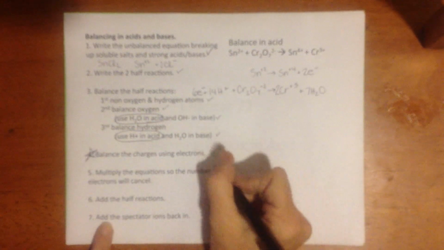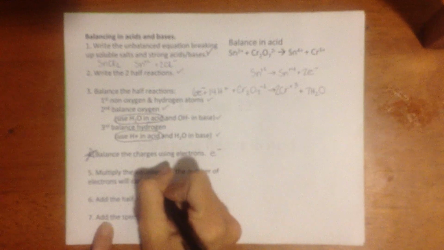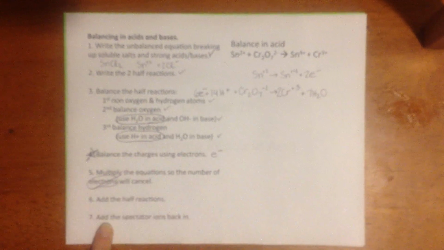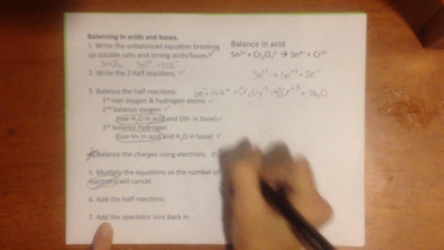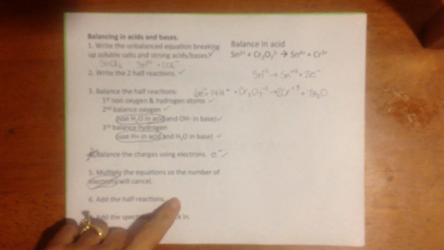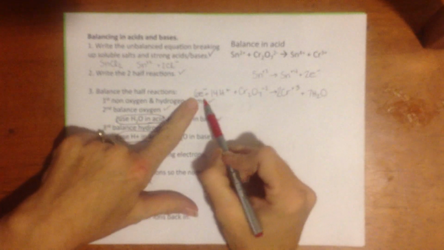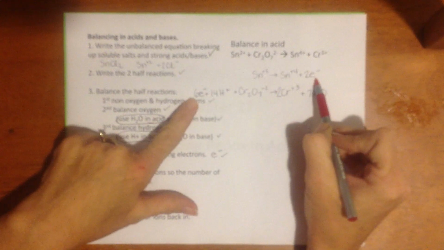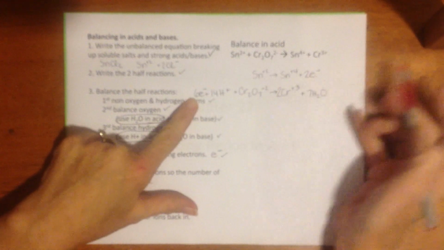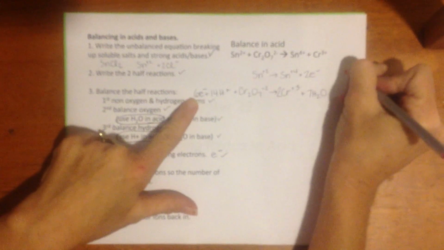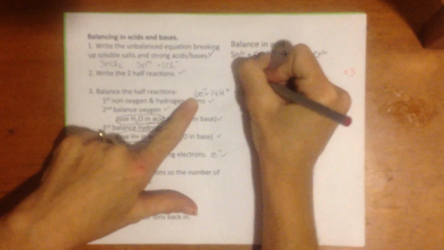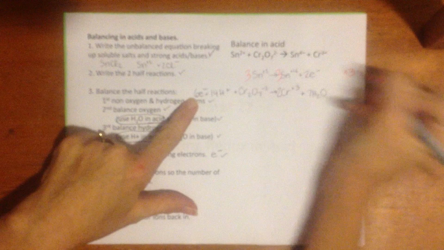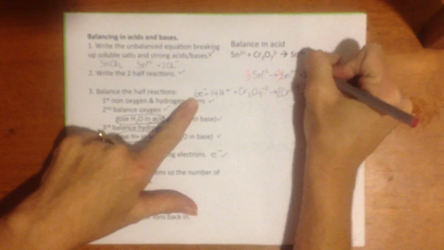Now I'm going to multiply so the number of electrons will cancel. So I look up above and I see I have 6 electrons on the reactant side and 2 electrons on the product side. So I'm going to multiply the top equation by 3 and quite literally just go through and multiply all the coefficients by 3.